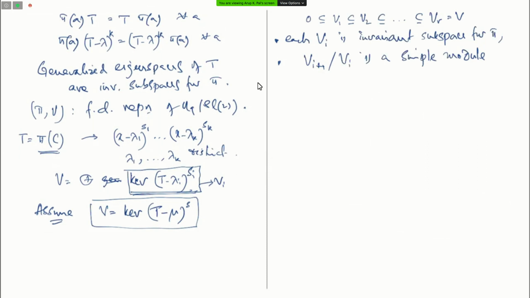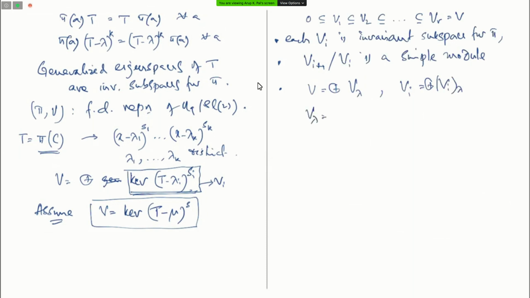Okay. Now also we know that V as well as each V_i decomposes as a direct sum of weight subspaces. So what are these?